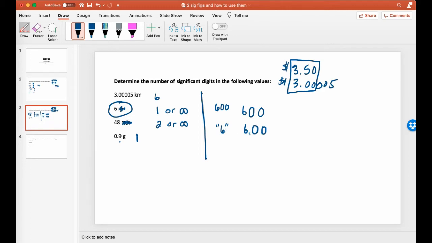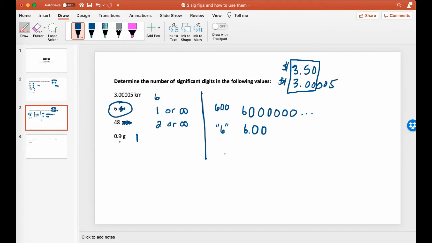So when there's a decimal, it becomes fixed. But I can infinitely add zeros to this top one. I can infinitely add zeros, and the value continues to increase, which is why we say 1 or infinite. When there's no decimal, it's always going to be however many digits are there, and then infinite. Once there's a decimal, you're finding the very first number that's not a 0, and then every number after that is also significant.